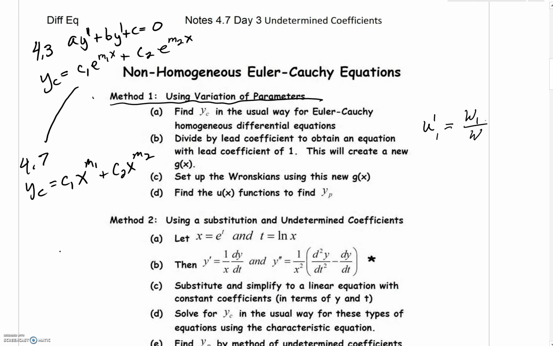That's always going to be an option so that you can find these u's. That works, but today we're really going to focus on a second method using a substitution and undetermined coefficients.